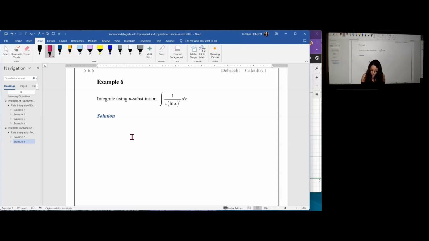Let's see if we can rewrite this one in a different format that might make that clearer. I'm going to separate the factor 1 over x from 1 over the natural log of x squared dx.